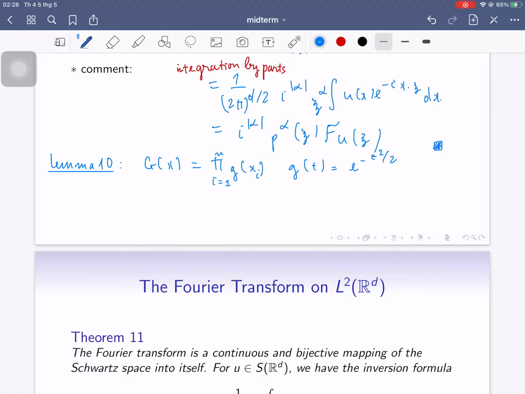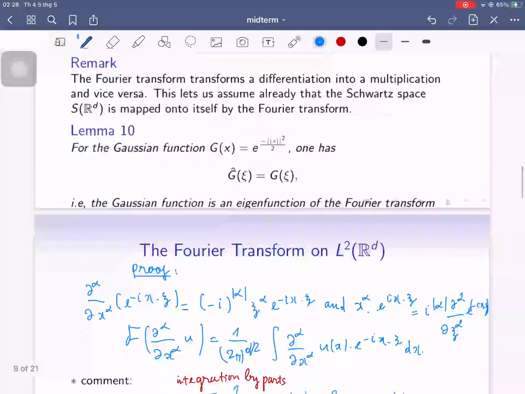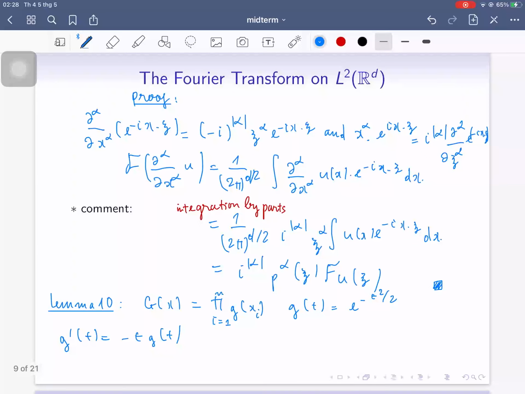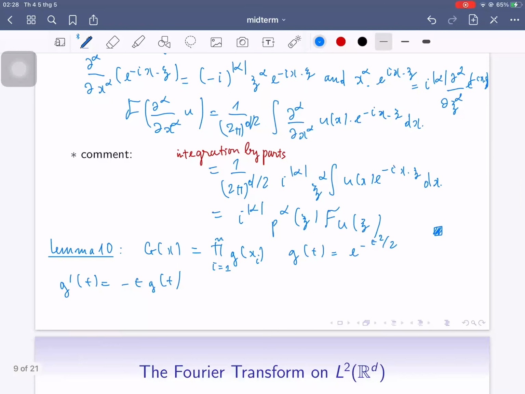So, by some elementary calculation, we will have g prime of t equal to minus t g(t), and using the formula for the derivative of the Fourier transform, we also have g hat prime of t equal to minus t g hat of t.